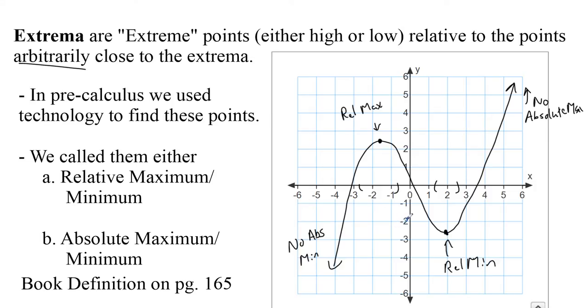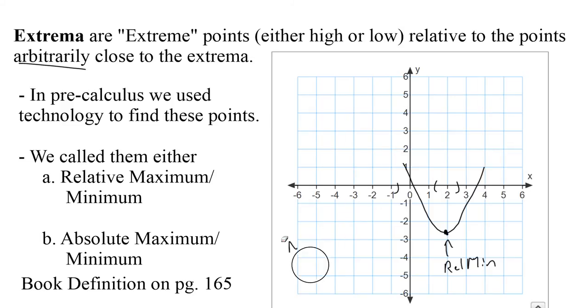All right, now here's the thing. The interval for this function is all real numbers, but if that interval is closed or something smaller, we could have something completely different.